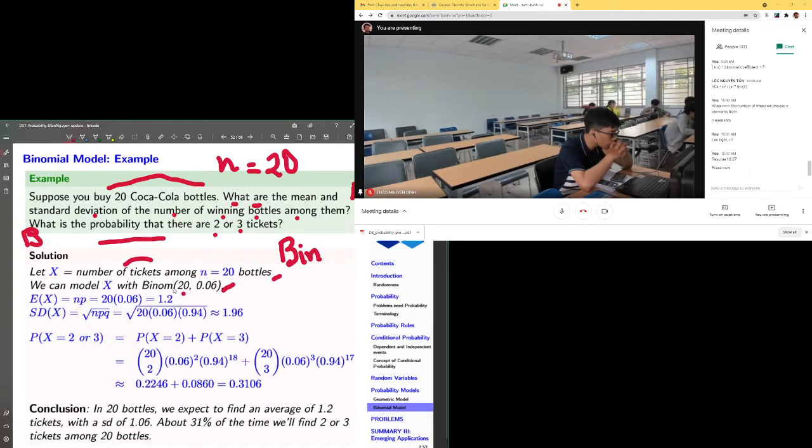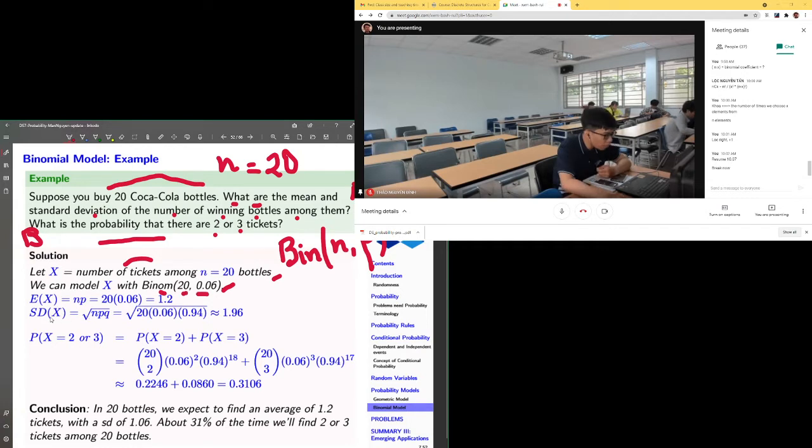I don't write the full name binom, but the meaning is the same. In this case, n is 20 and you get small p, like this.